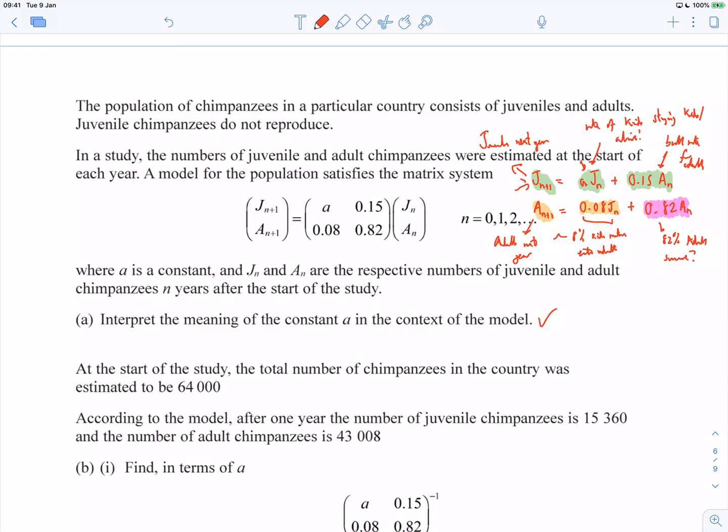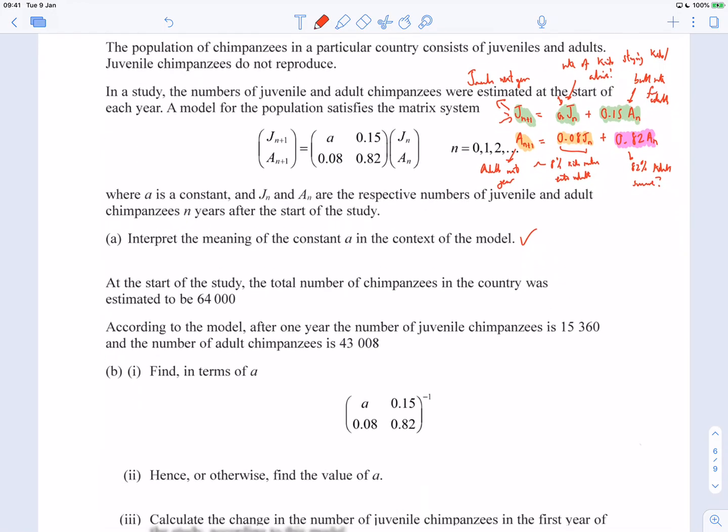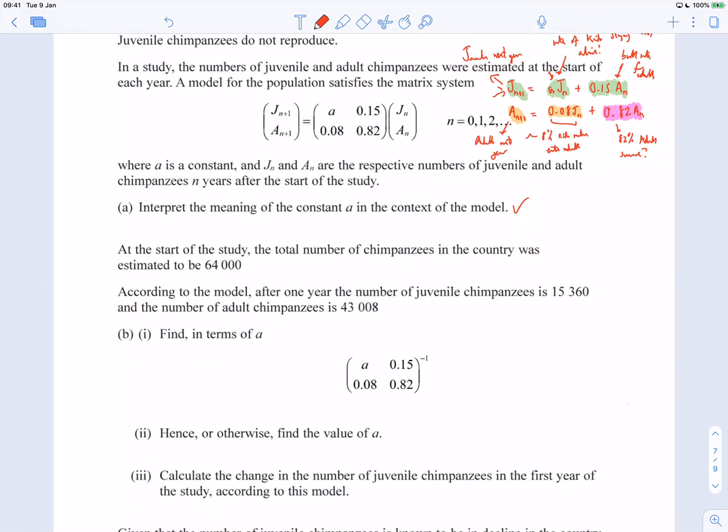So where was I? I've explained A. Okay, at the start of the study, the total number of chimpanzees in the country was estimated to be 64,000. So that means J0 plus A0 is 64,000. We don't know how that's split up.